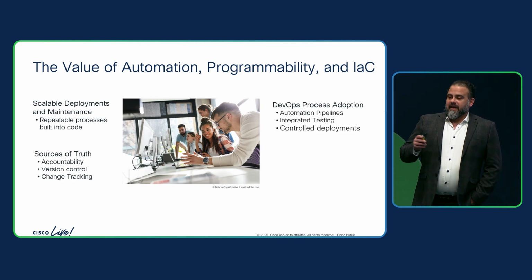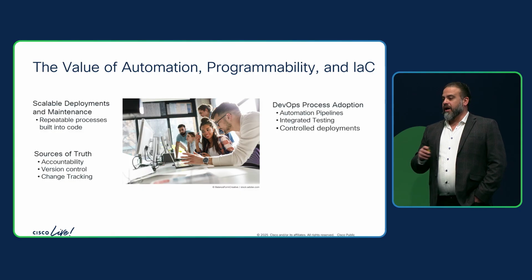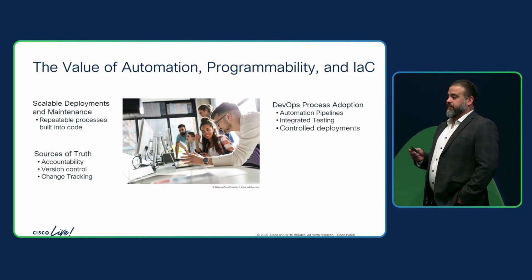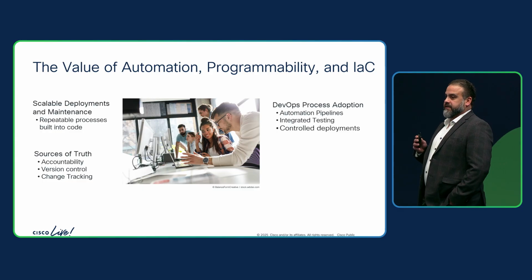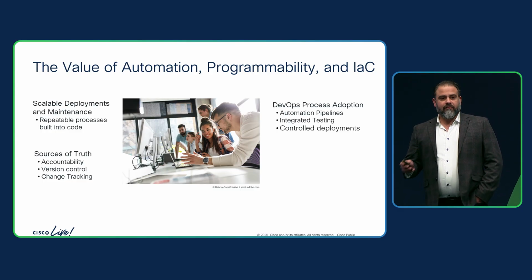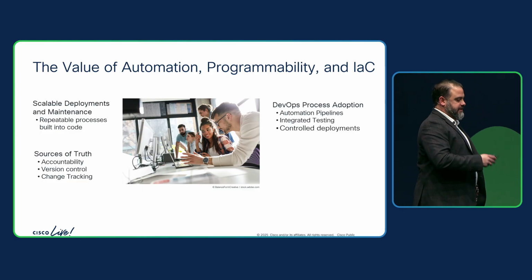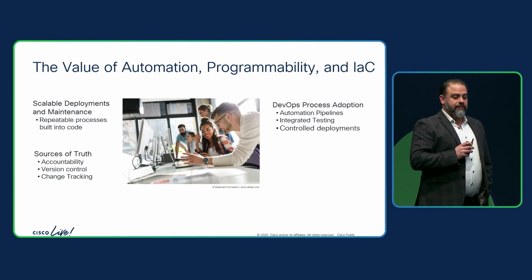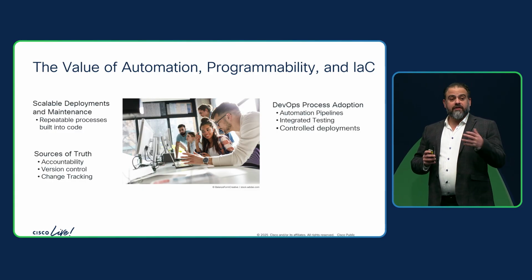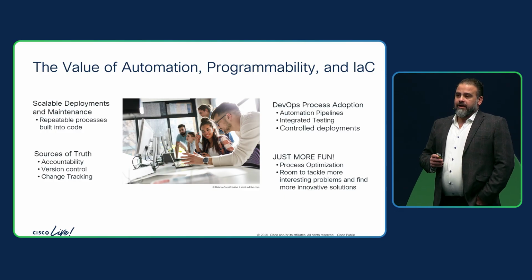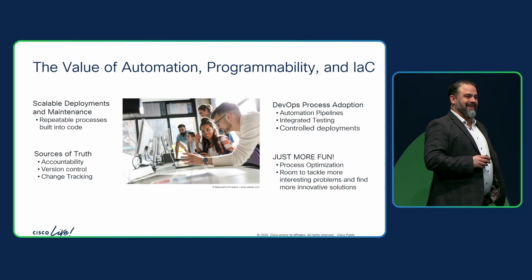And through that, we've been taking advantage of processes that software developers have been using for a couple of decades, actually. Automation pipelines that help us integrate our testing platforms, whether it be use case testing or integration testing. And it helps us to control those deployments in a more visible way. And honestly, I have to say it's just more fun.